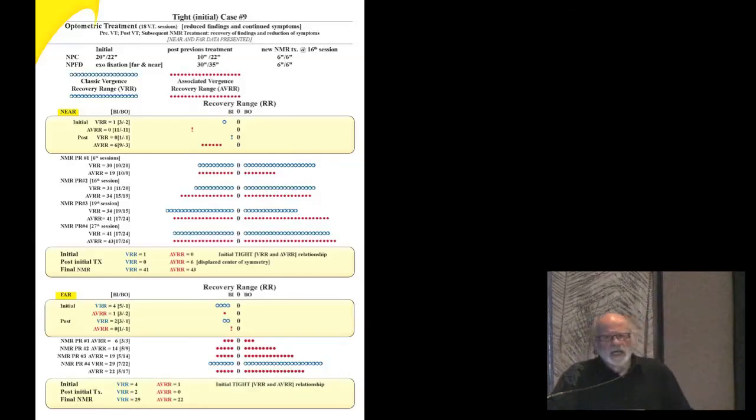Why would I not just do associated vergence ranges? Why would I not only do the associated near point of convergence? Because the gestalt of associated ranges and classic vergence ranges is bigger than the parts.